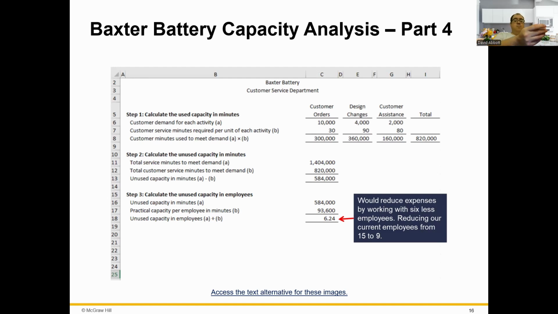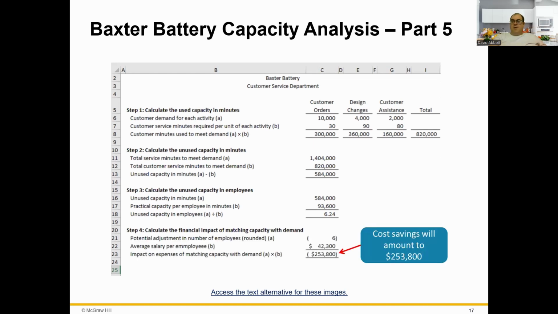What this tells us is the financial impact of matching capacity with demand. If we were to eliminate 6.24 employees, it would leave us short-handed. So if we round down to 6 employees, given that the average salary per employee is $42,003, the impact on expenses of matching labor capacity with demand would be a savings of $253,008.